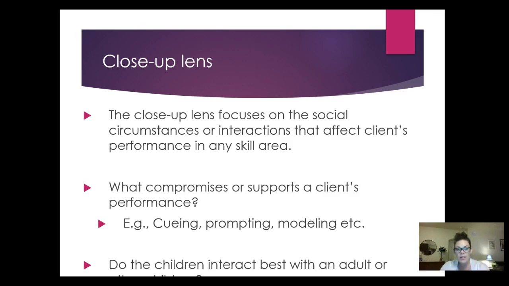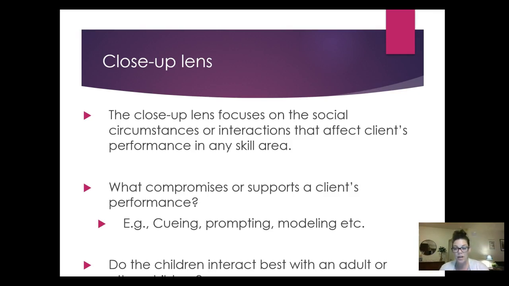And then how does the child or the client interact best? Let's say the client was doing really well, and all of a sudden, after several sessions, they were doing really great, and then they had a really rough day. They weren't listening, they weren't attending to the task, you could barely get them to practice G and K, and you realize, today was the first time I had someone observing in there.